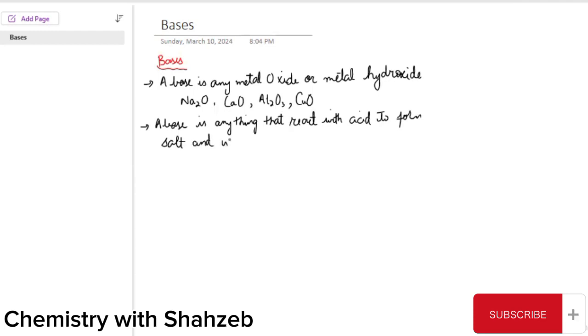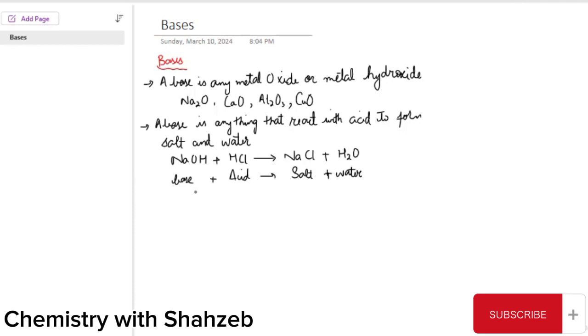For example, sodium hydroxide is a base which reacts with HCl, and they react to form NaCl, which is a salt, and water. So you can see this is a base, this is an acid, and they both react to produce a salt and water.